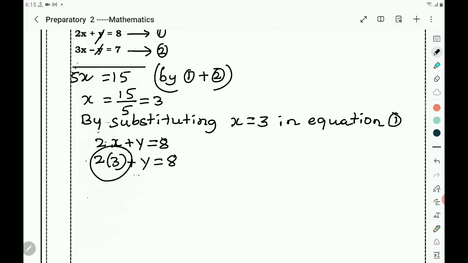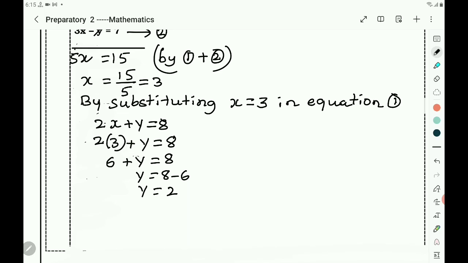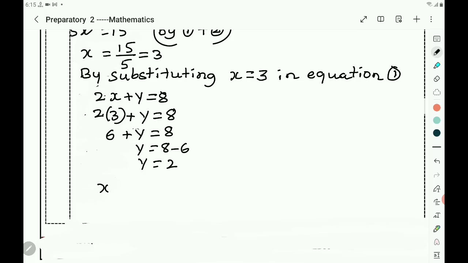Then 2 into 3 is 6, plus y equals 8. y equals 8, transfer this, it becomes 8 minus 6. Then y equals 2. So you got x equals 3 and y equals 2. Then you write x equals 3 and y equals 2.